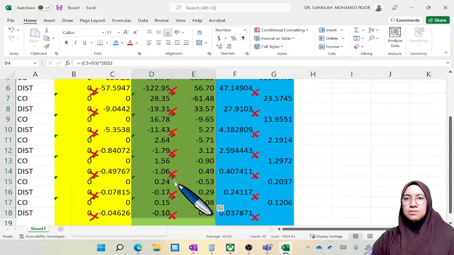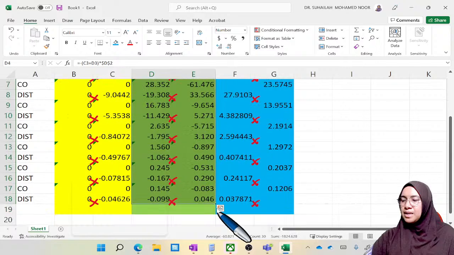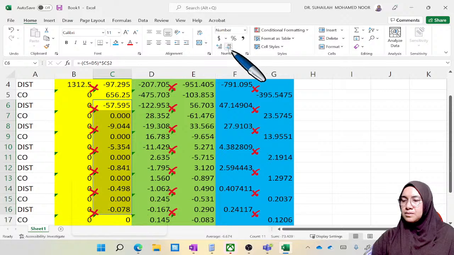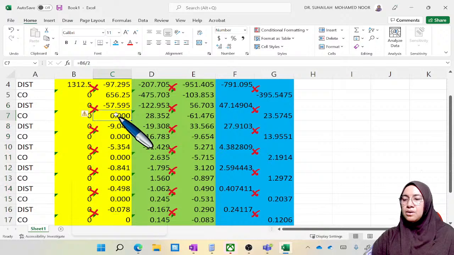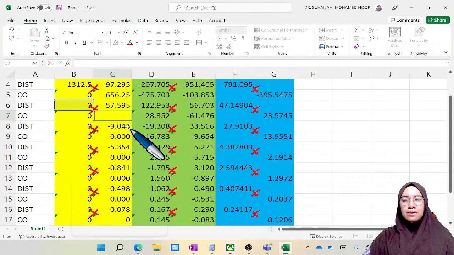Okay, 3 also can. Don't write zero value in the table. So just delete the zero value.